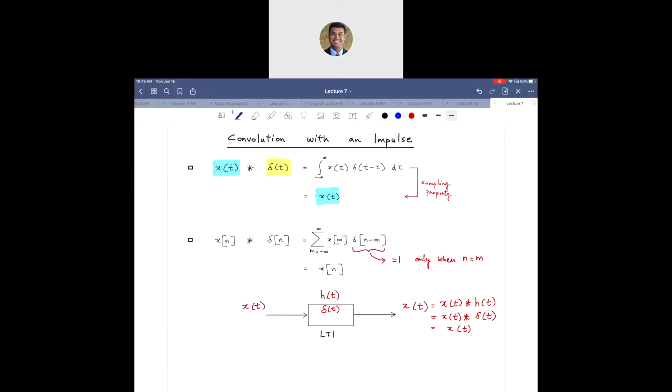In the form of a block diagram, that can be represented as x of n going into an LTI discrete system with an impulse response of delta of n. The output will be x of n.